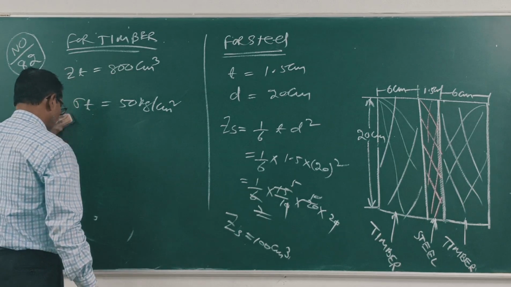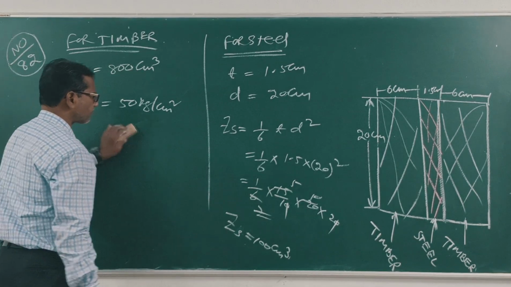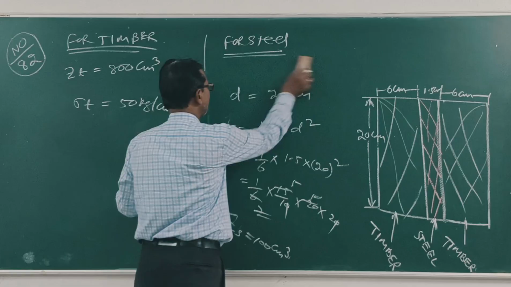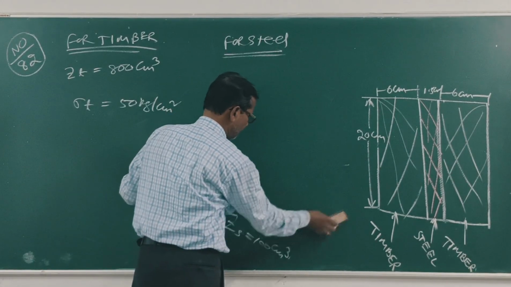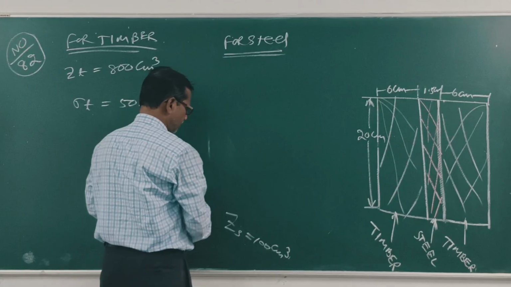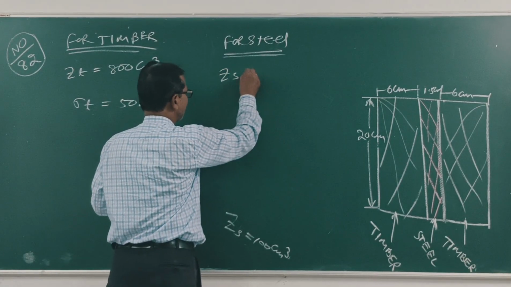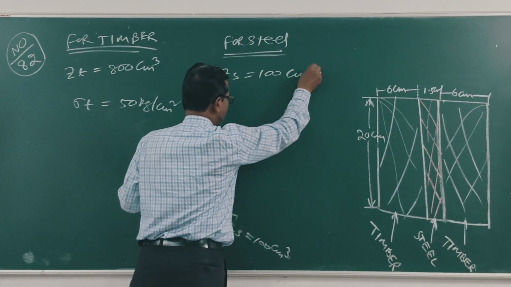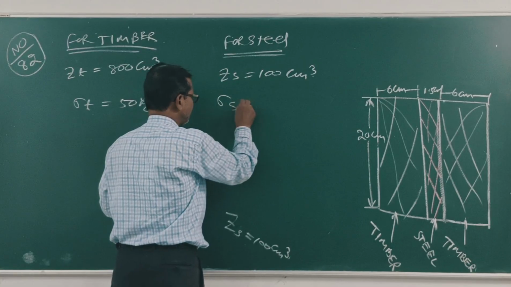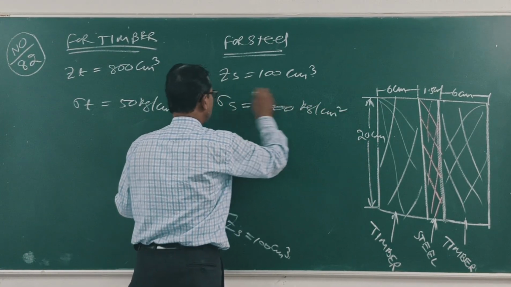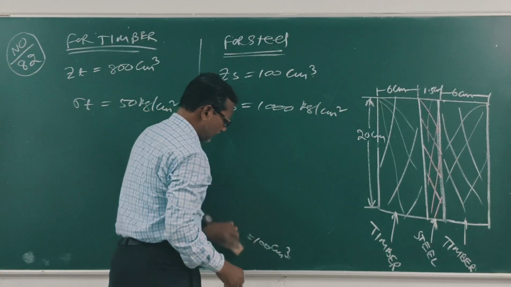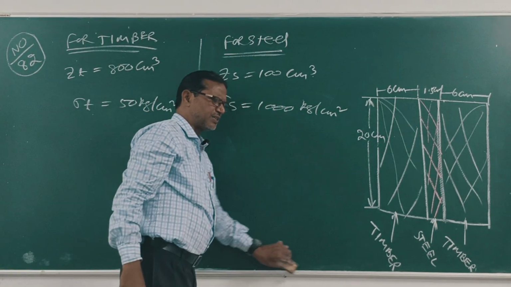Similarly, for steel, Zs is equal to 100 cm cube and sigma is equal to 1000 kg per cm square. Clear? Next, moment of resistance.